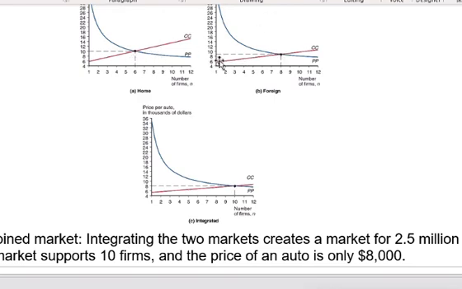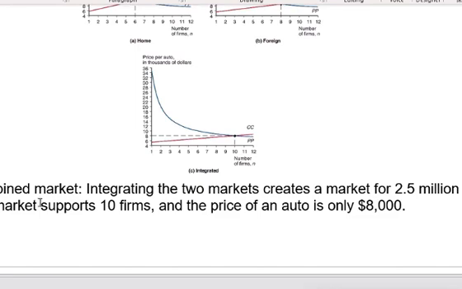This is slightly above 8,000, and this is 8,000. So the price each consumer will be paying is 8,000, which is lower than before trade for both countries. And then they have more choices.